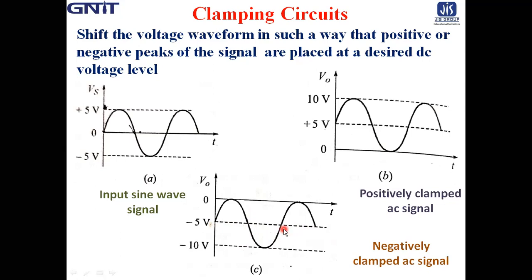The waveform has peak values of 0 volt and minus 10 volt. The waveform undergoes a downward vertical shift without any change of its shape. The waveform is said to be negatively clamped at 0 volt.